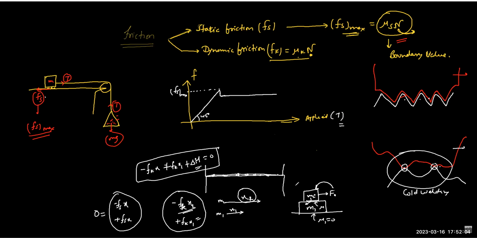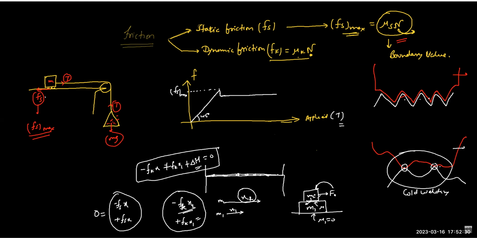Anyway, you need to remember that, as part of the work done chapter, kinetic friction, when it behaves as an internal force, will always dissipate energy. Sorry, I said static wrongly. When it is kinetic friction, it will dissipate. When it is static, there is no loss of energy.